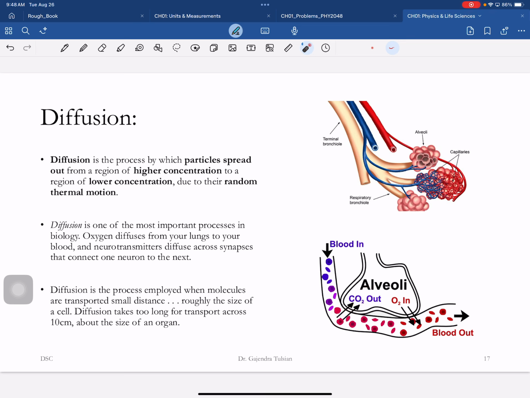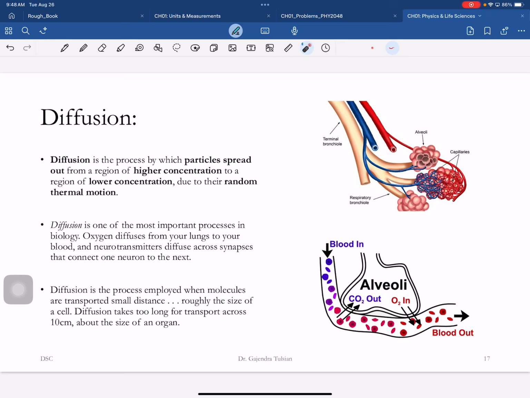CO2 is waste that you want to get rid of. Molecules go from higher concentration to lower concentration, and the oxygen goes from a higher concentration in the alveoli to a lower concentration in the blood. So diffusion is the process by which molecules are transported.